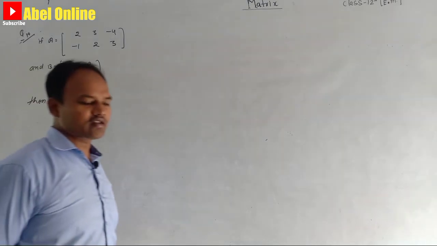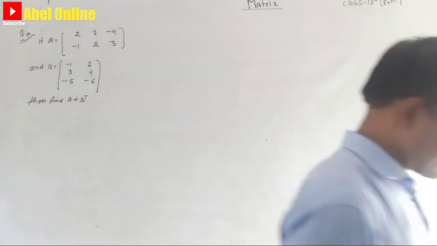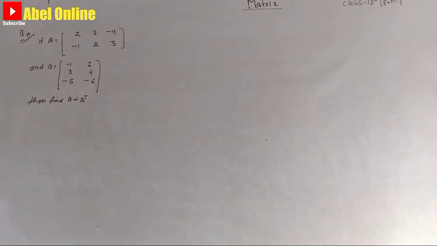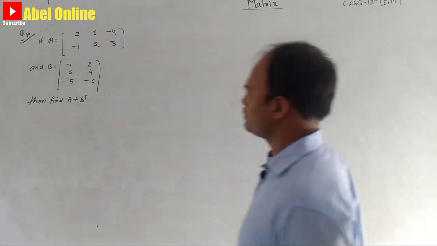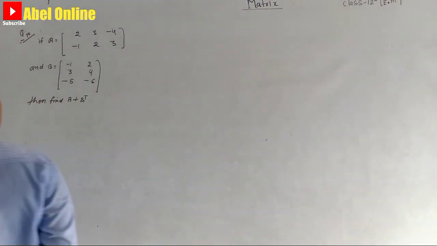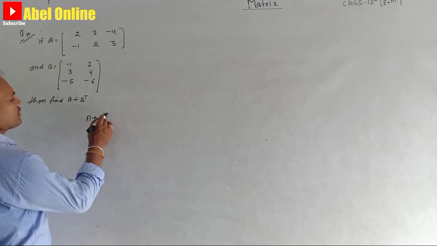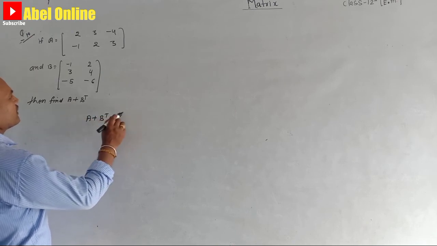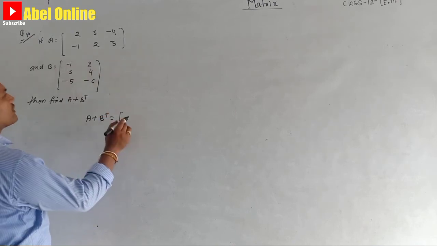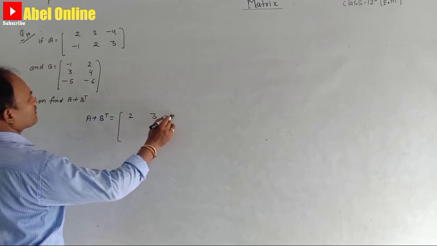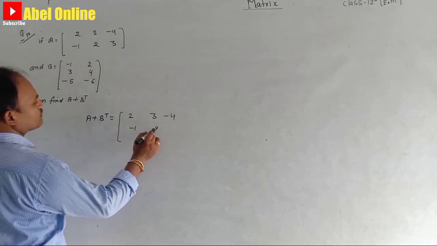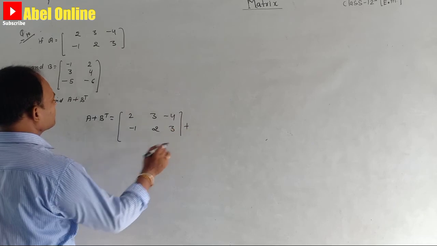So students, this is a question, and you know very well how to find B transpose or A transpose, because you have studied more. What is A plus B transpose? A is 2 3 -4, -1 2 3, plus B transpose.